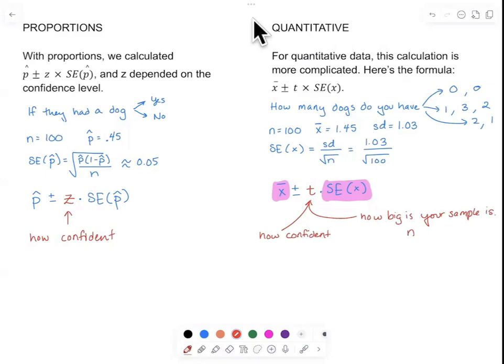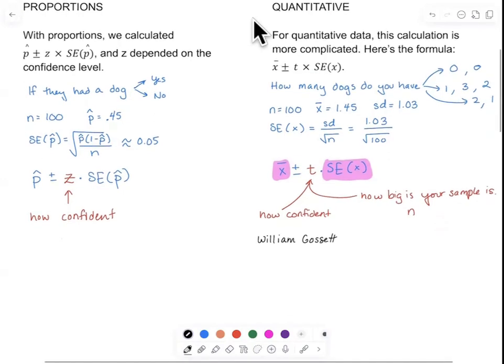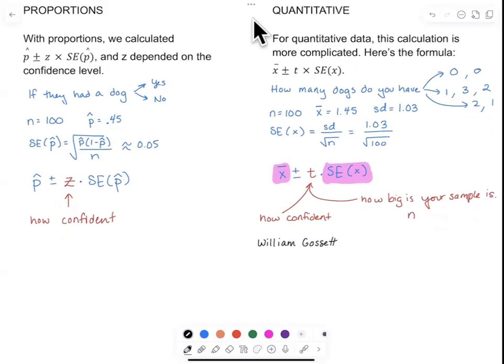The first person who figured this out was actually the head brewer at the Guinness Breweries. He was an English statistician named William Gossett. I know, English statistician, but Irish beer, but he was an Englishman. He found that the distribution for quantitative data wasn't exactly normal.